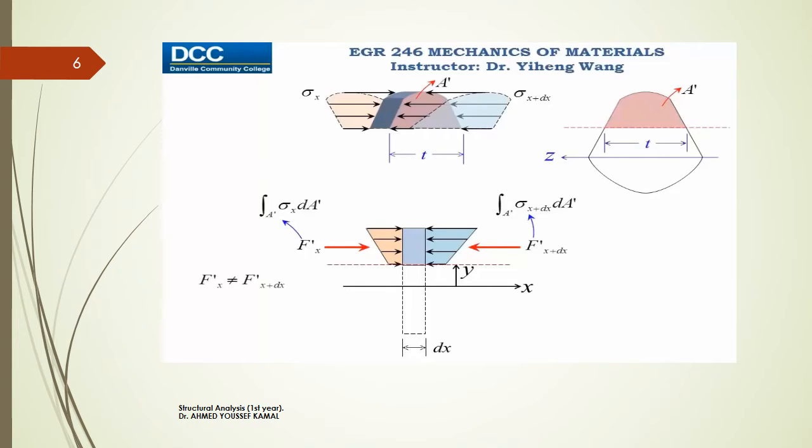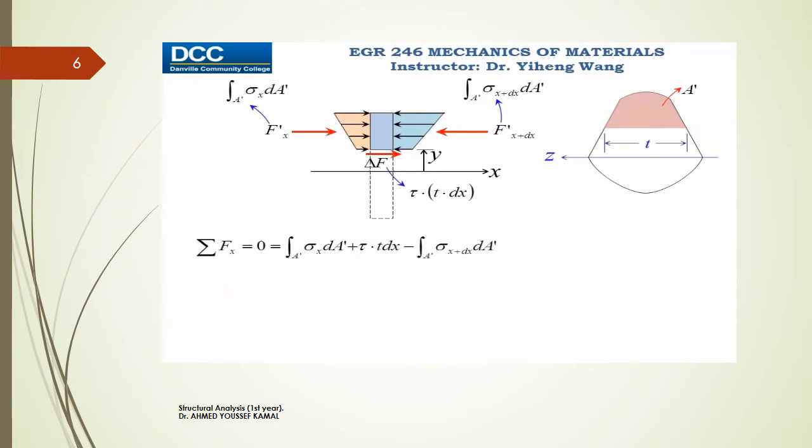Therefore, in order to achieve equilibrium, extra force must develop here at the bottom of this segment. That corresponds to shear stress here at the bottom. And if we assume this shear stress follows a uniform distribution, this delta F equals tau times the area of the bottom, which equals tau times t, the width of this segment here, times dx.